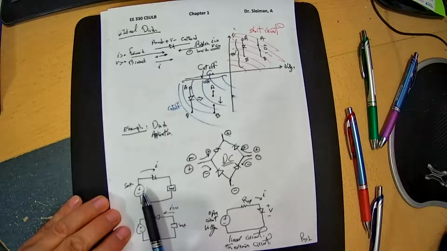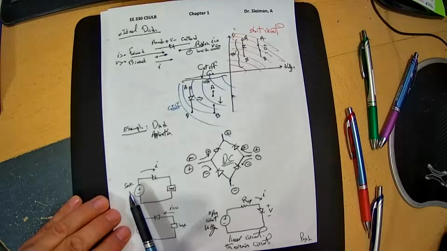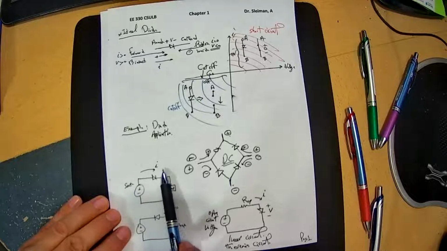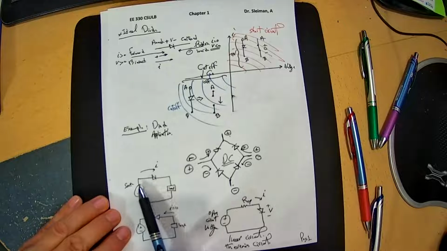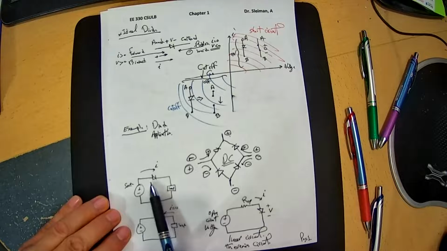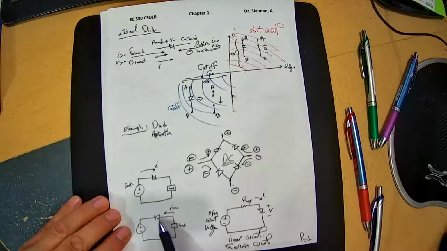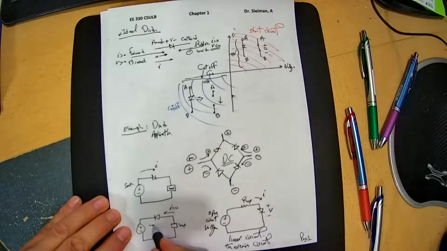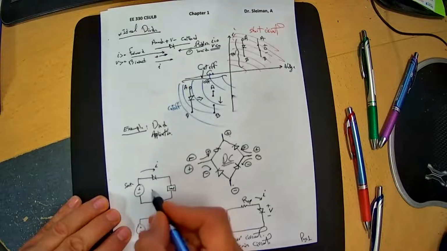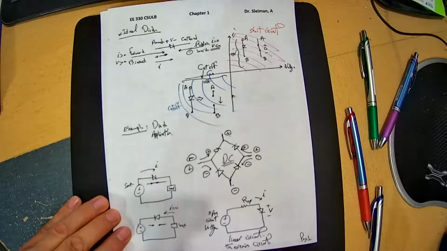If the source is feeding the load through the diode in a linear circuit, and the diode is aligned with the forward bias, the current will pass through as a short circuit and the load will work. If we reverse the direction of the diode, everything stops here. The diode will work as an open circuit. The diode here works as a short circuit.